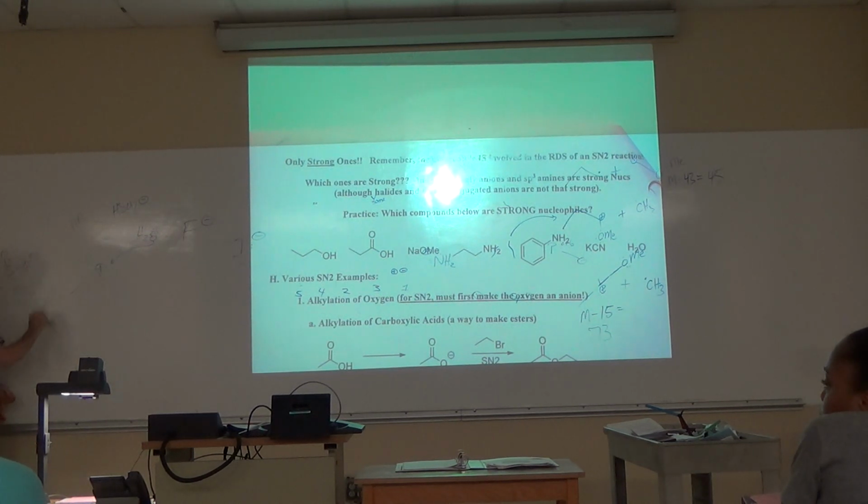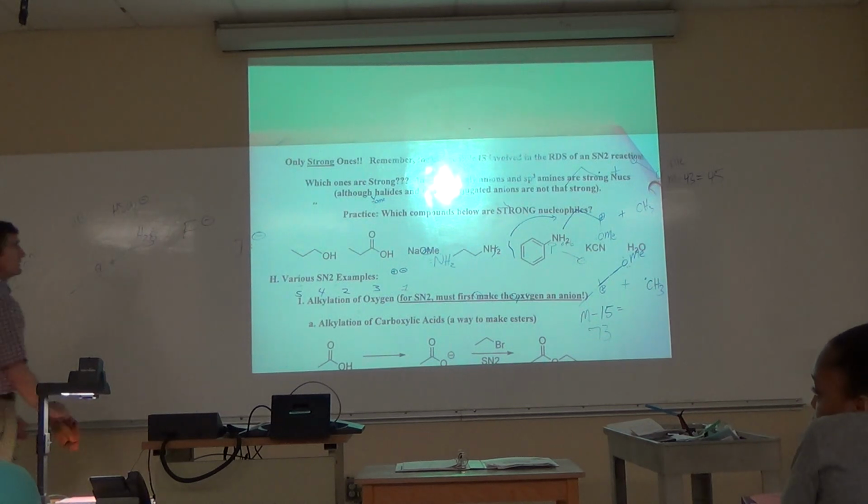Because of what? Why did we have certain acids that we use? What did we say about this conjugate base? We said it would never attack. Why would it never attack? Because it's a lousy nucleophile.